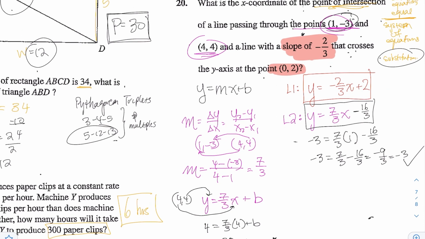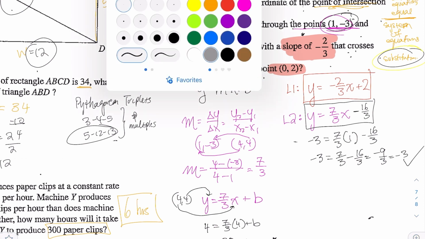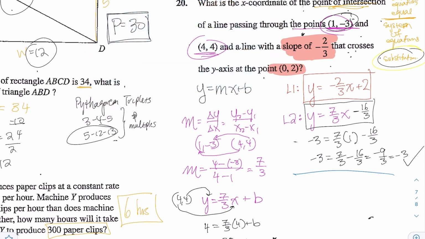And now what you want to do is substitute. So in order to substitute, you'll have to replace one of the variables y with what it's equal to. So you'll have -2/3 of x plus 2 equal to 7/3 of x minus 16 over 3.